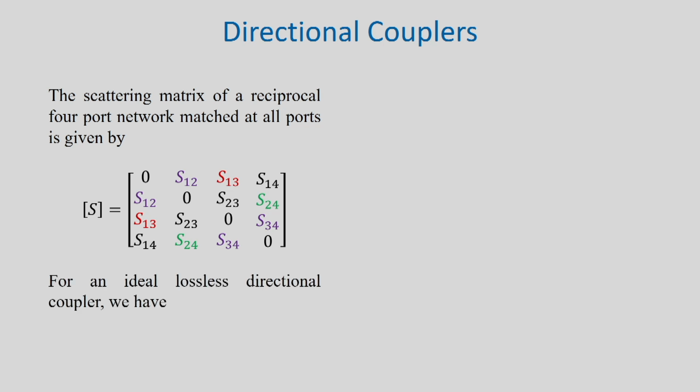Now, when the directional coupler is ideal and it is lossless, we have port 1 and port 4 and port 2 and port 3 completely isolated, and therefore, S23 and S14 are equal to 0.